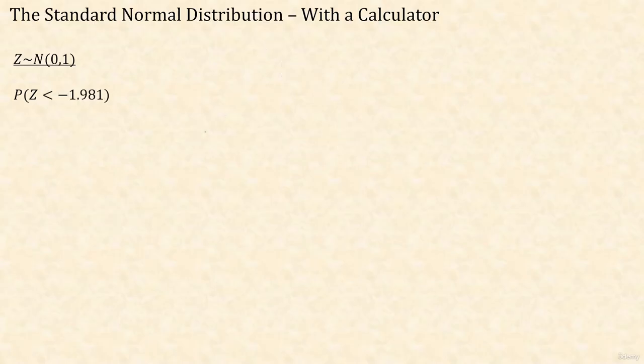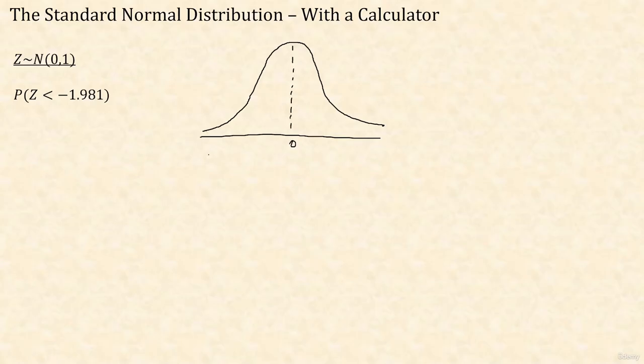Okay, this one here, again, you have to be very careful when you're using tables. In this case, we have our 0 here, we have minus 1.981 here, and we can just get this bit, again, straight from the calculator.